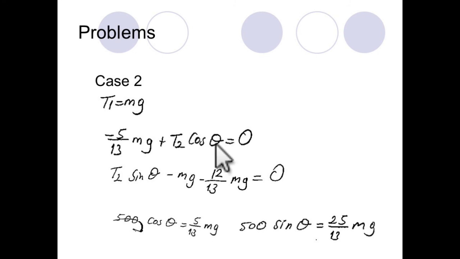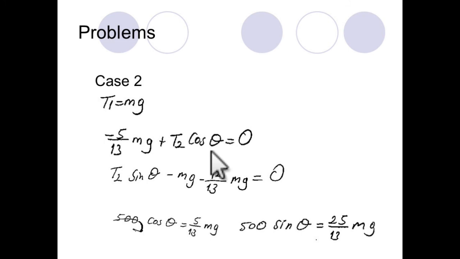This comes from the equilibrium in x direction, remember. And from the equilibrium in y direction at point C, we have T2 sine theta minus mg minus 12 divided by 13 mg, and it has to be equal to 0.